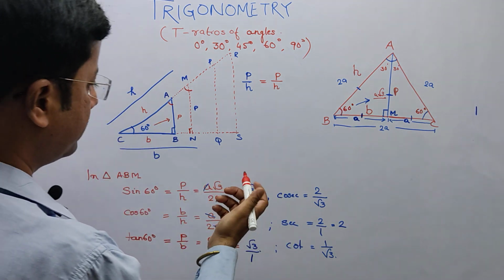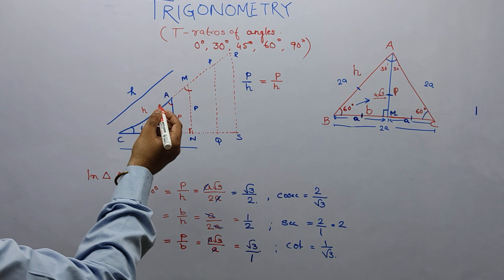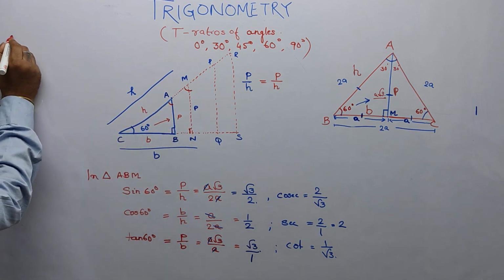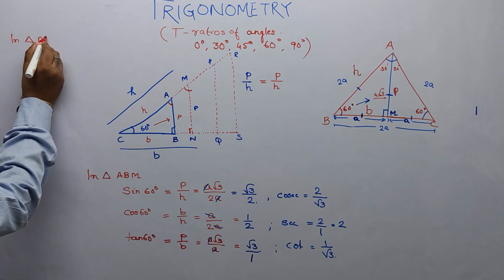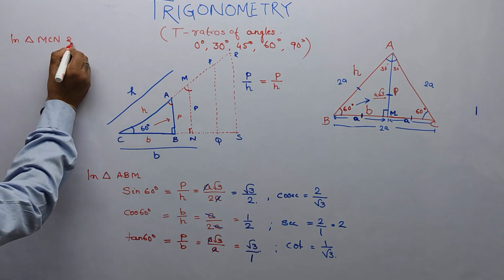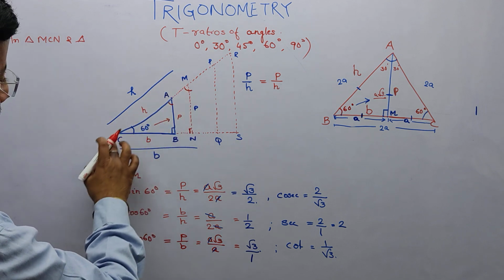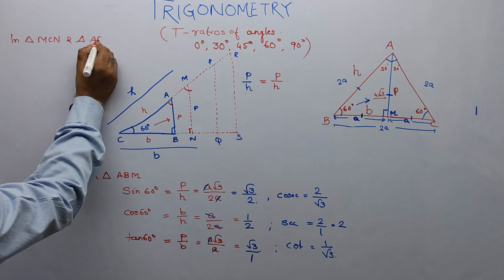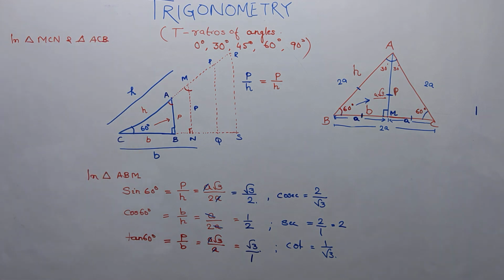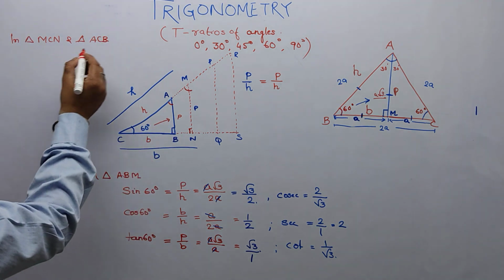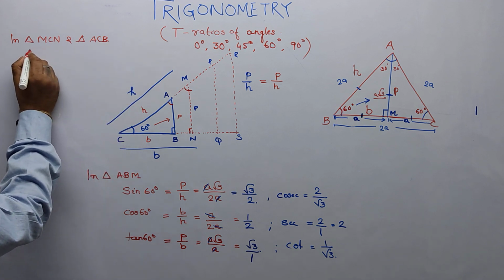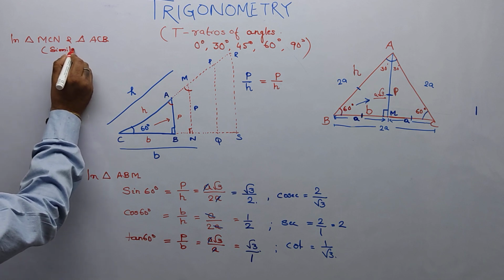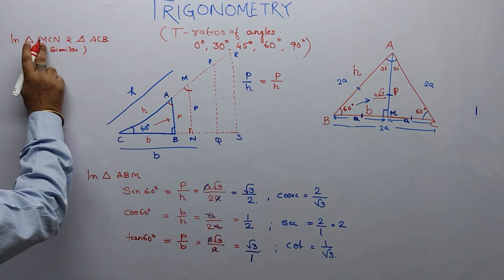Means if you see here, then what do we see in the bigger and smaller triangle, triangle MCN and triangle ACB? What is happening here? Both the triangles are similar, right?